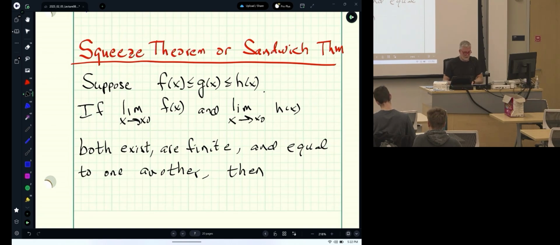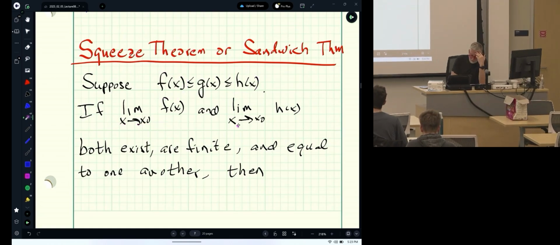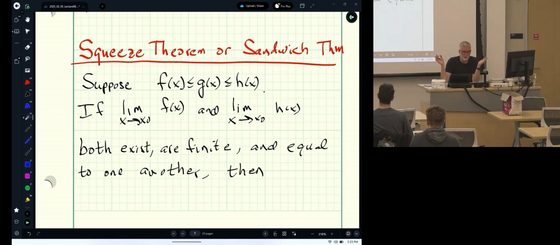Then what? Well, you tell me, okay? We're interested in what is the limit of g, but it's a really gnarly limit. But we can bound it by two simpler functions where we can calculate their limits. They both exist, and these limits are equal. So what is the limit of g of x then?